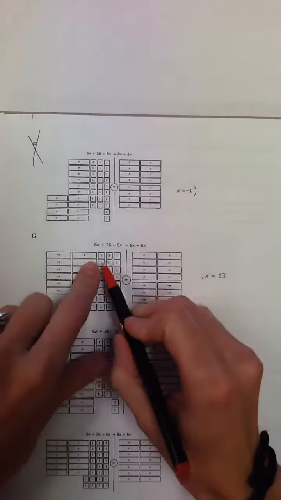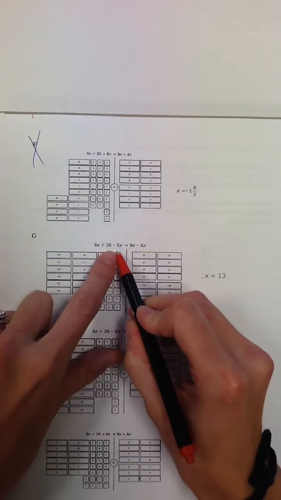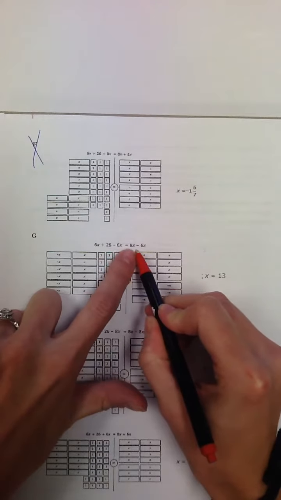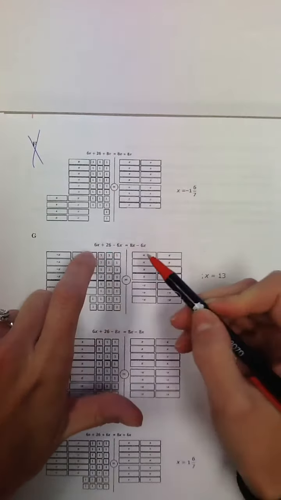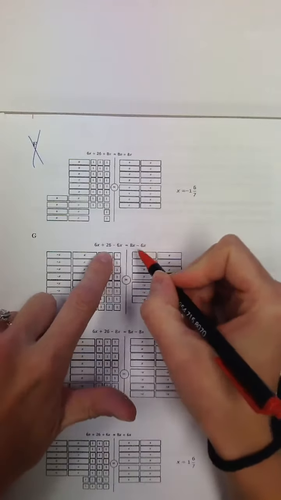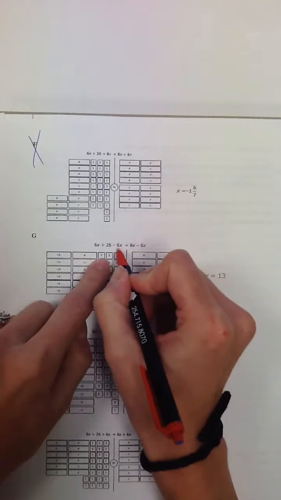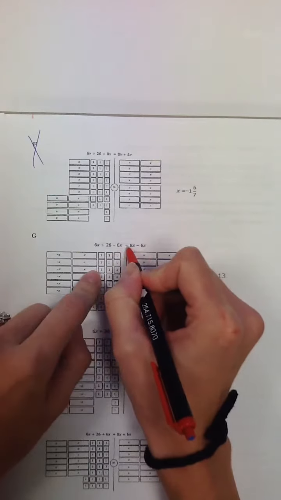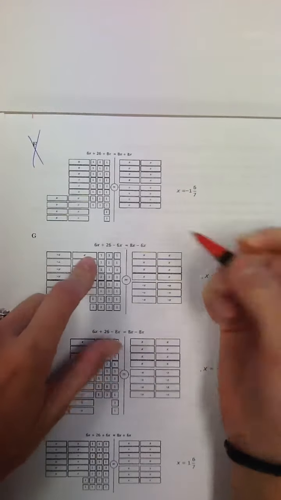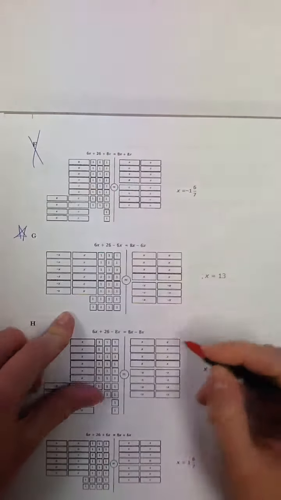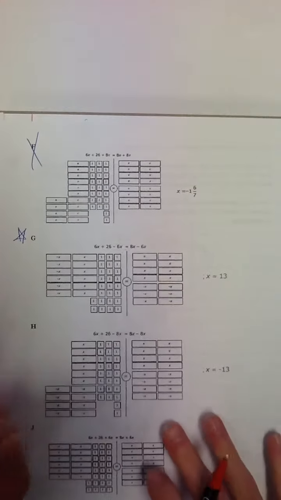Then G, 6x plus 26 minus 6x equals 8x minus 6x. It's written way different than you write it, but she's subtracting 6x from both sides. And isn't that what we said we could do? Pretty much the only thing we could. So put a star, just in case.